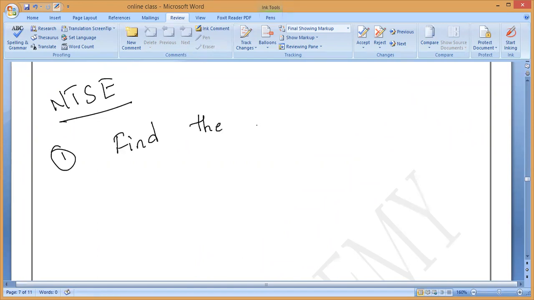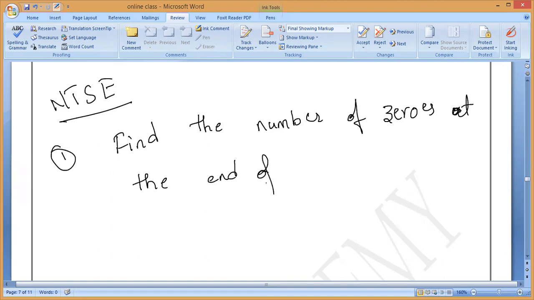Find the number of zeros at the end of the product.